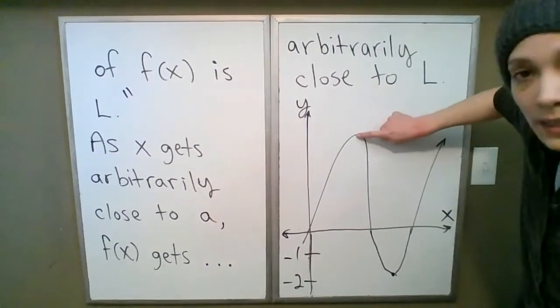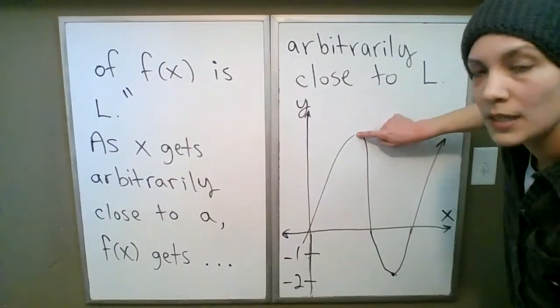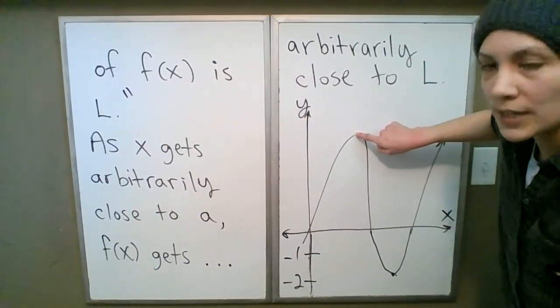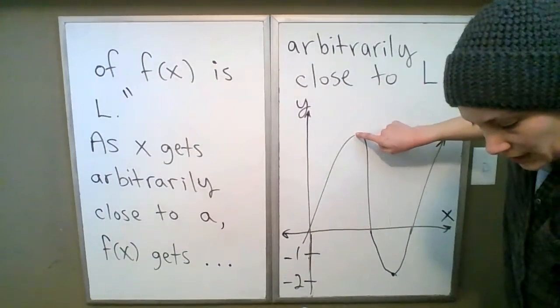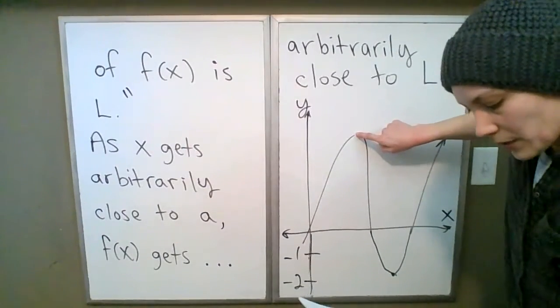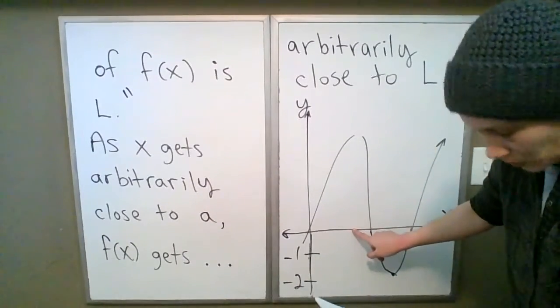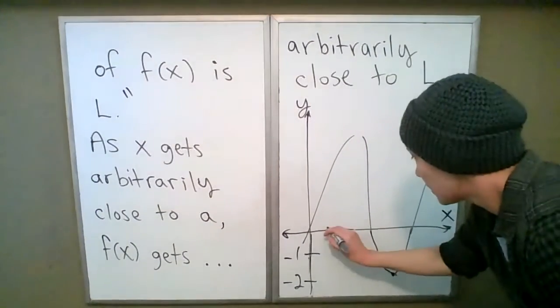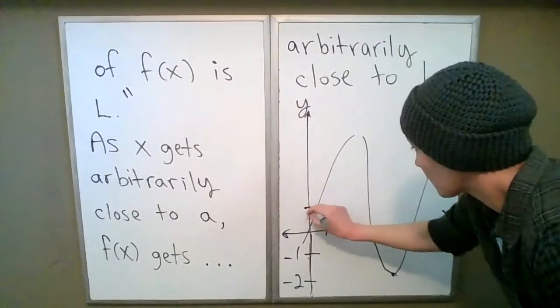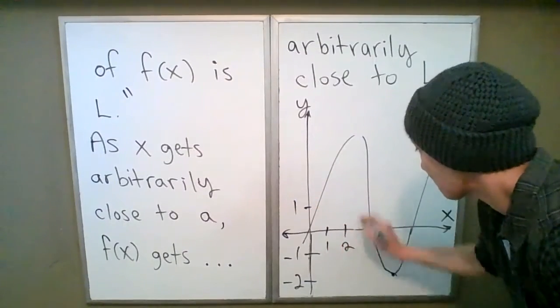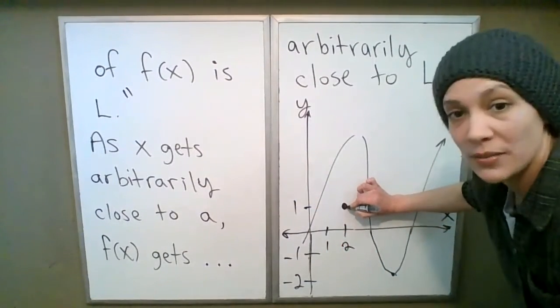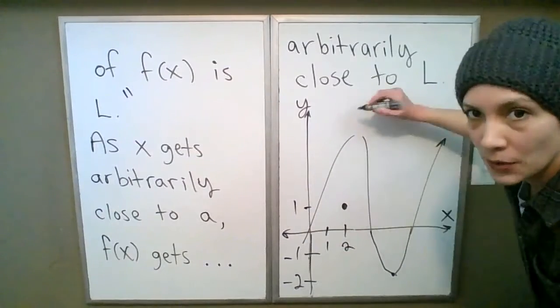Then right here at this peak, we're going to remove that value, and the output right here will actually be at this 2, and it goes to 1. So you have the point (2, 1) and then a hole right here.